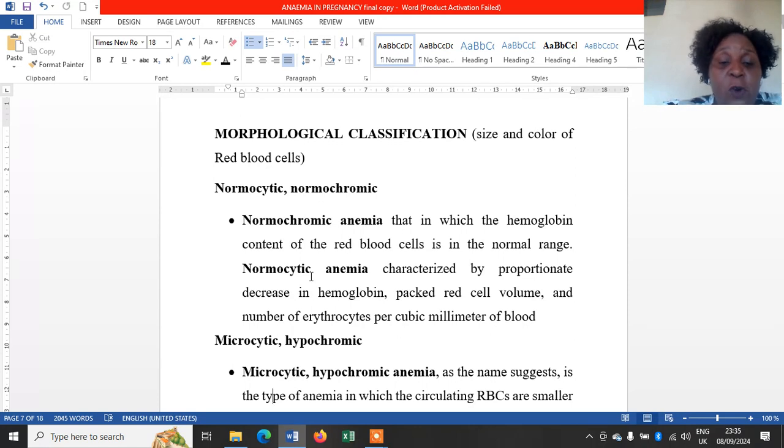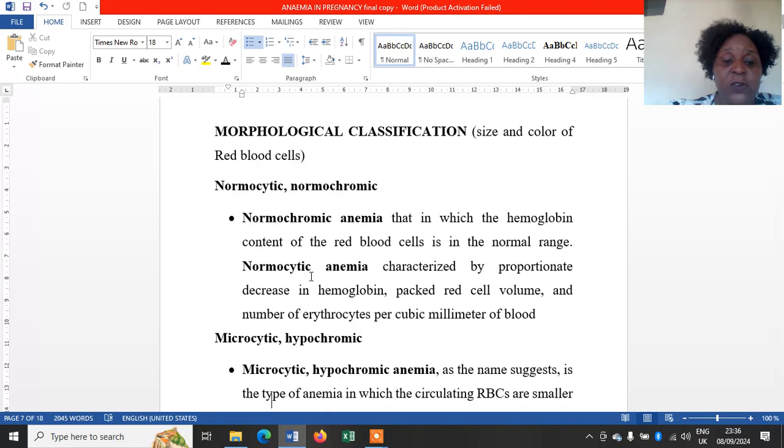And this is very common in hemorrhagic anemia, when the mother is having a decreased hemoglobin count due to actual blood loss. So the remaining cells may be less than 11 grams per deciliter, but on examination through the microscope, they look normal, of a normal color and of a normal shape. So this will guide the management as we would like to manage this mother.